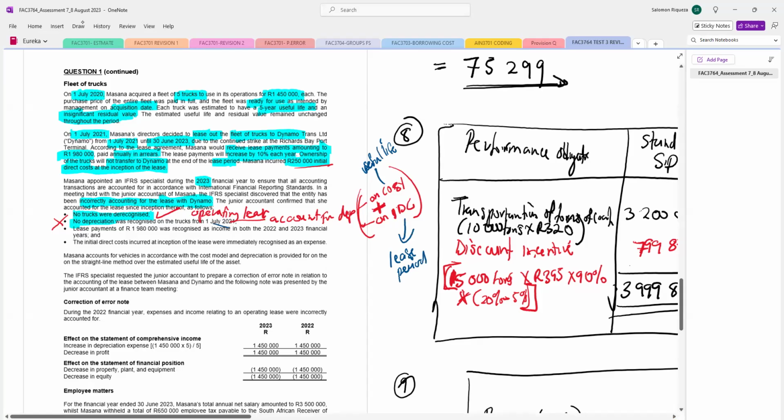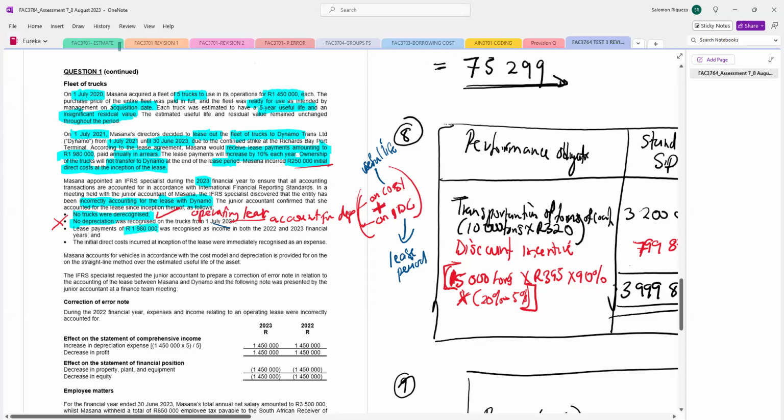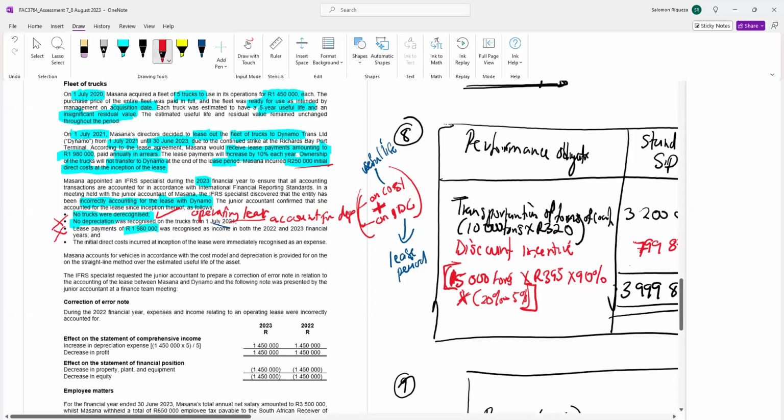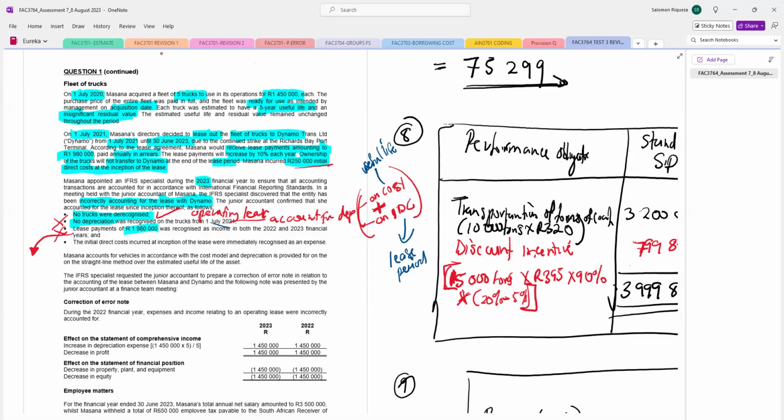Then the lease payment. They said the lease payment was recognized as income in both 2022 and 2023. So this is also incorrect. You must recalculate the equalized lease payments.